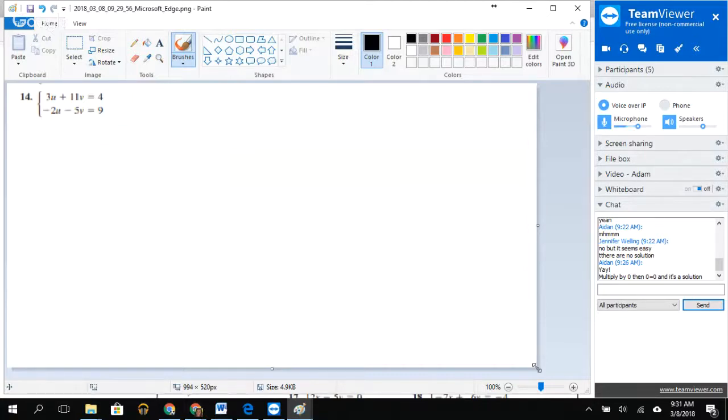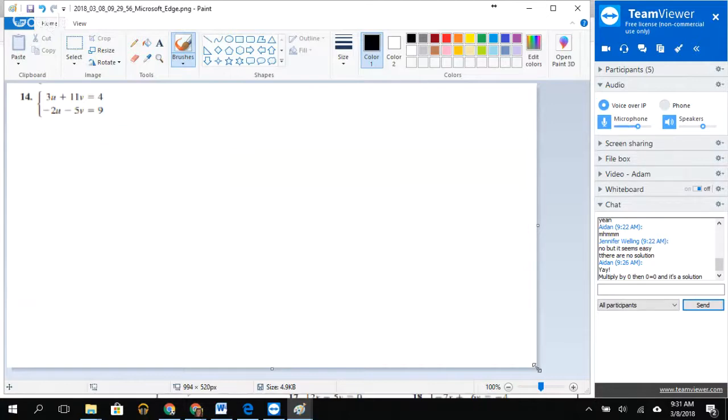The same with our v, right? The coefficients of v are 11 and negative 5. There's no easy whole number constant that I can multiply by both to make them the same. So what I'm going to do is multiply both the top and the bottom equation by a constant in order to cancel out.